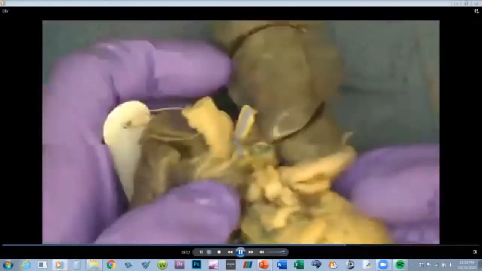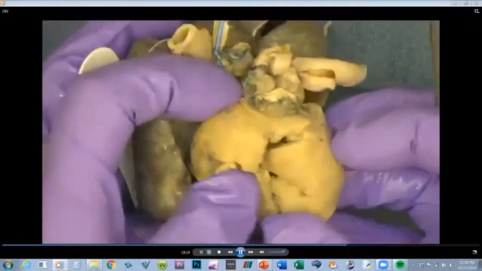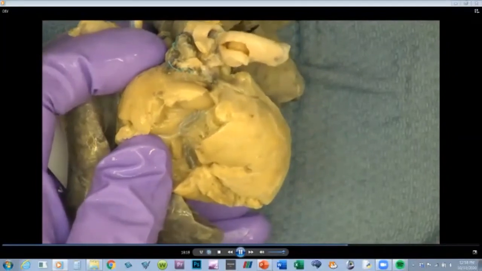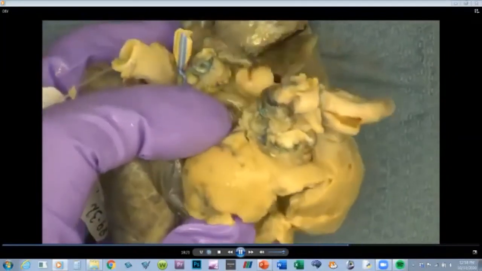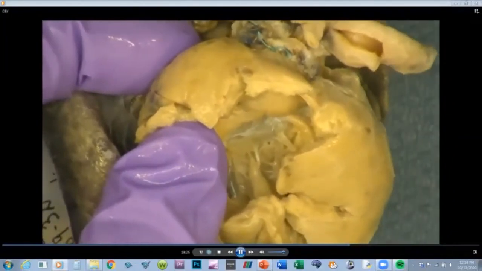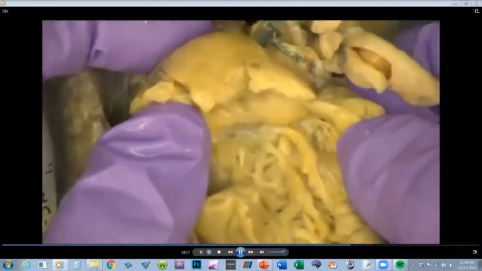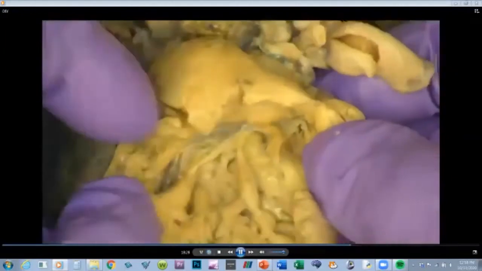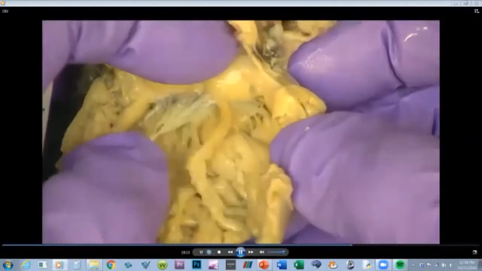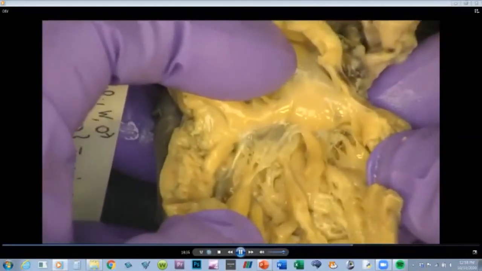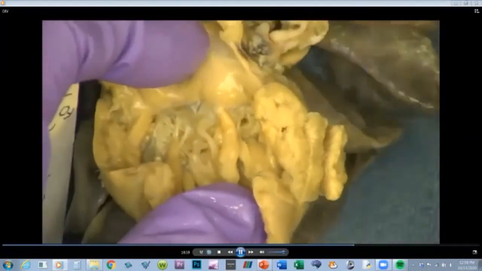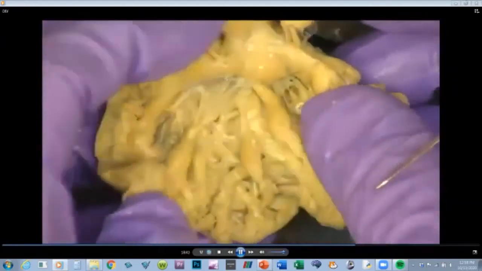Now, if we look at this one, this is a little heart. So we'll zoom in a little bit on this. And this is not an explant, so we have the whole thing here. So again, you can see that there are two AV valves here, a bigger right, a smaller left, which we can see a difference in the size of the AV valves in some patients with this.